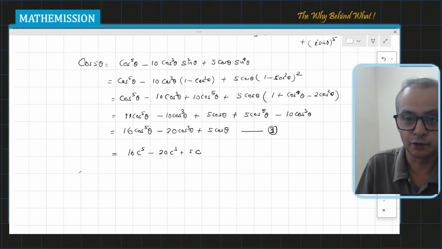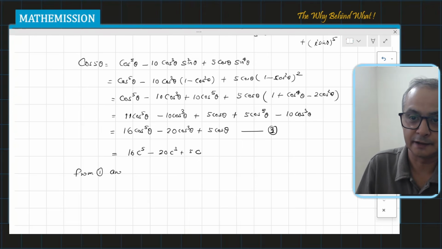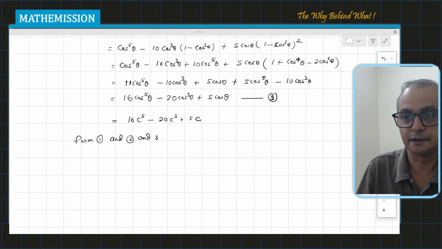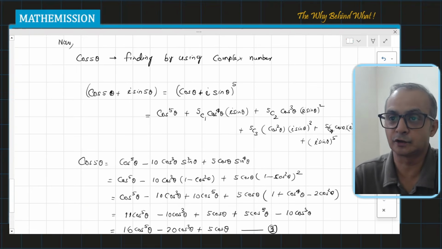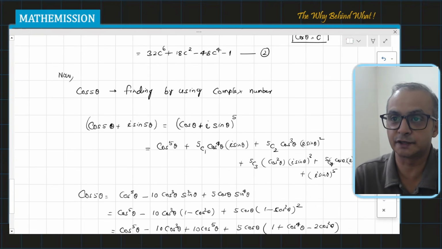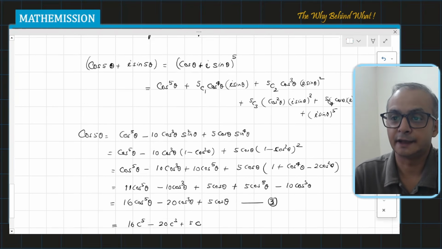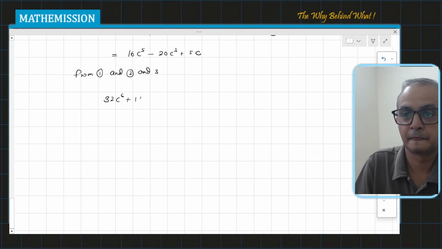So from 1, 2 and 3, from first and second and third, what I'm getting is cos to the power 6 theta, I got 32 c to the power 6 plus 18 c squared minus 48 c to the power 4 minus 1.